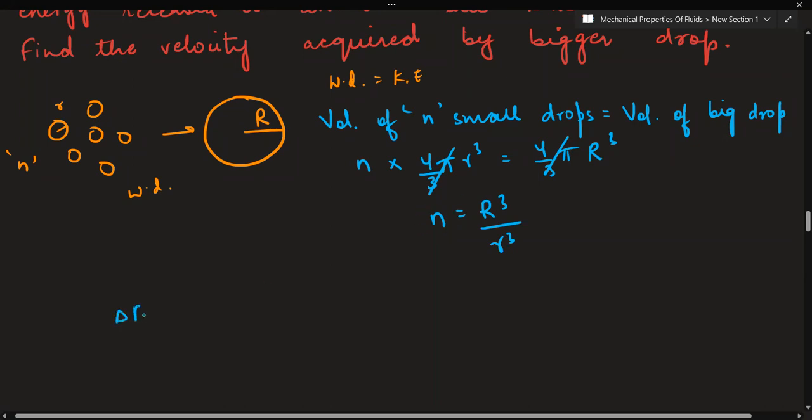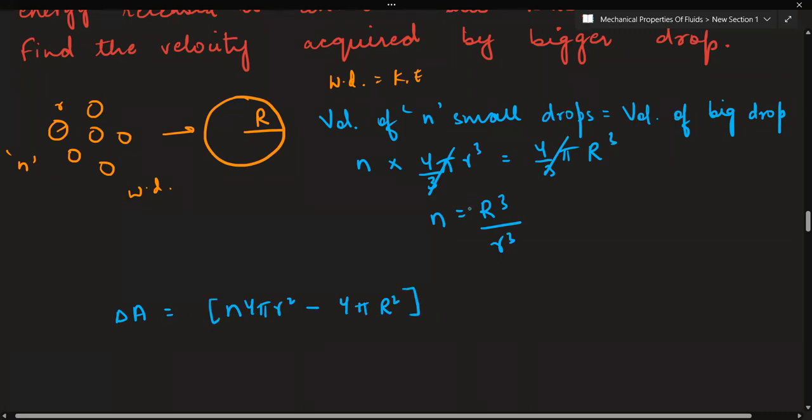Now see, if we have to find out the change in area, what we can do is n times 4 pi r square, the area of this, minus 4 pi capital R square, the surface area of this. This will give us the change in surface area.